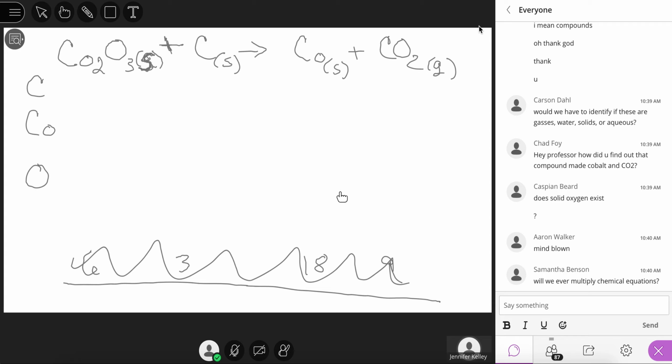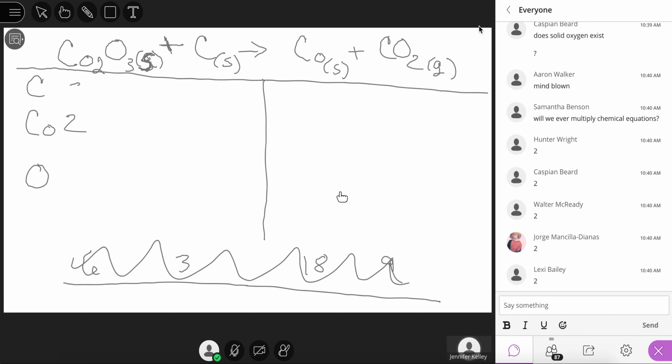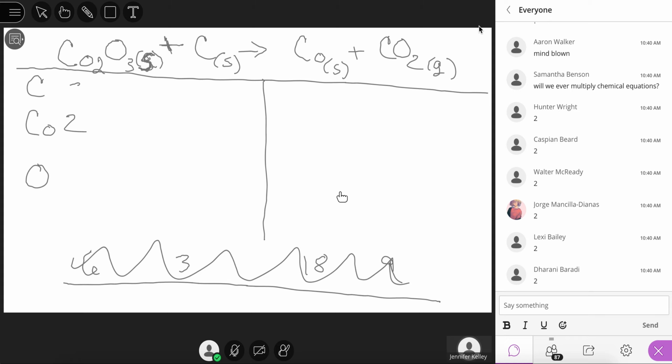All right, so for this one, how many cobalt do I have on the left? 2. And how many carbon? 1. And how many oxygen? 3.